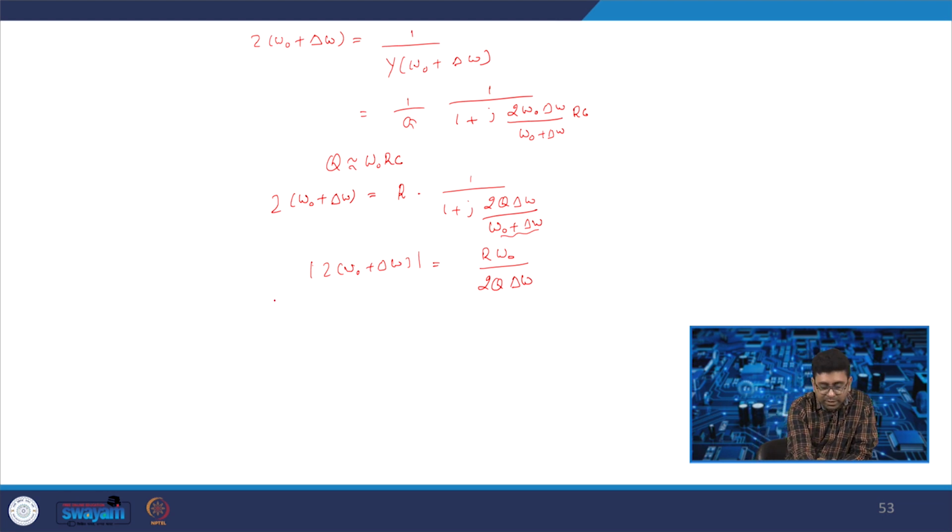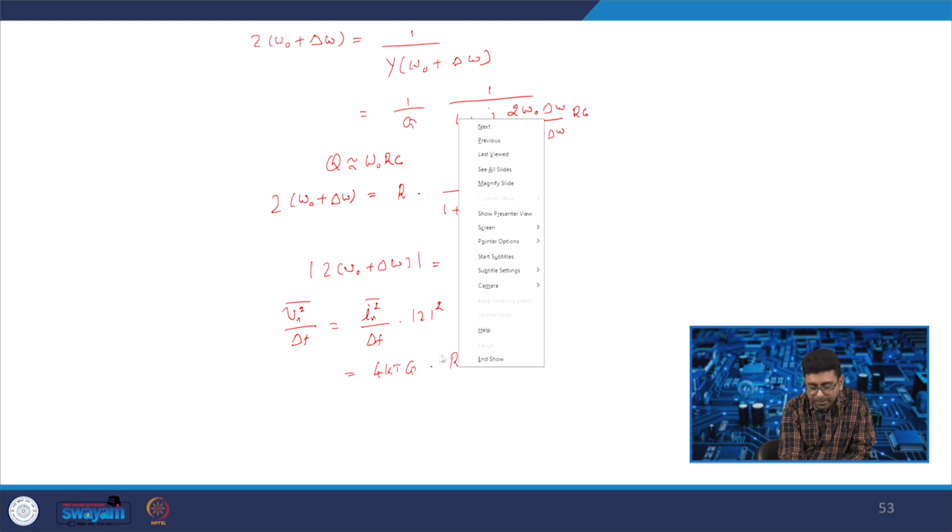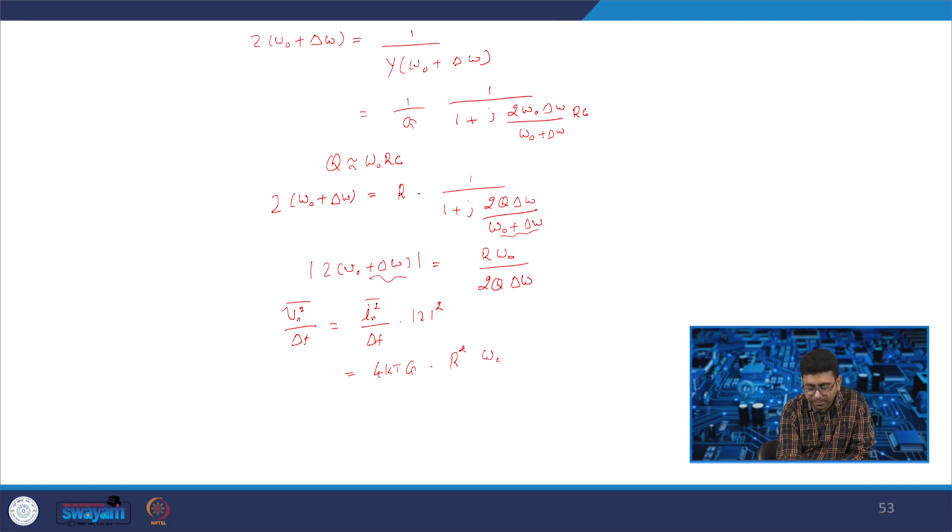So, we can write a noise power spectral density, with delta f equal to i n square by delta f, times Z square. So, the voltage can be given by this. This can be written as 4 kT G, because we have considered the transconductance current, into R square omega naught square by 2Q delta omega.